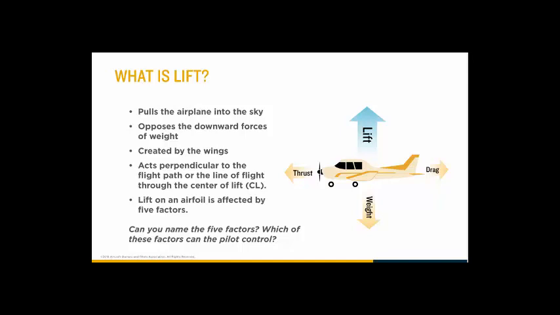Camber, so adjusting the flap settings. Now, the other 2 were air density and wing area, and that's something that we can't control. But the other 3, we have the ability to adjust those things to fly better, safer, and not go boom.